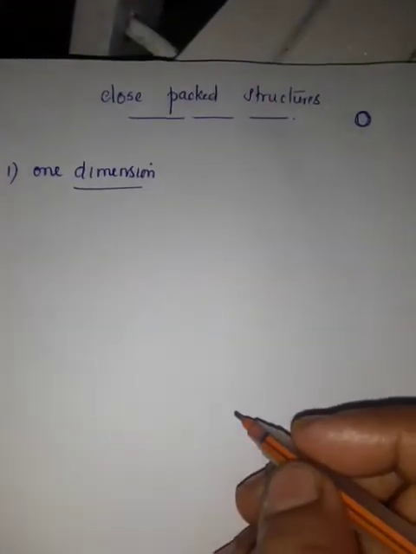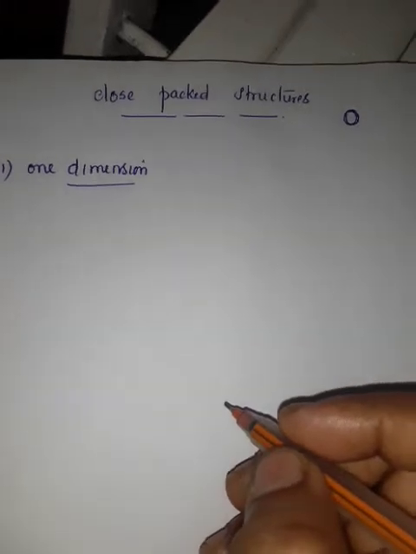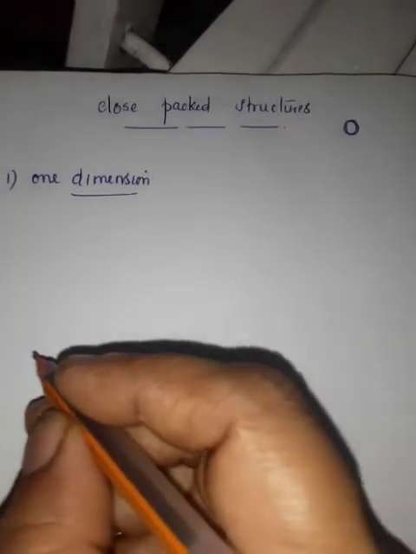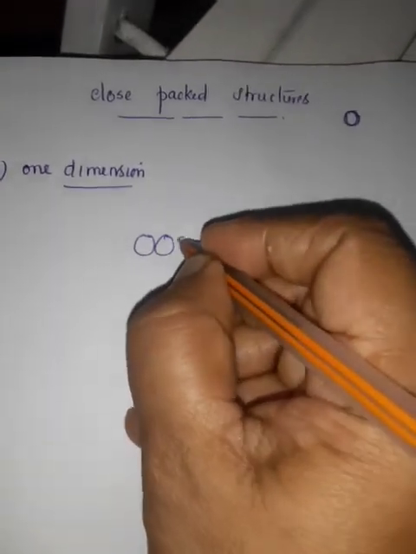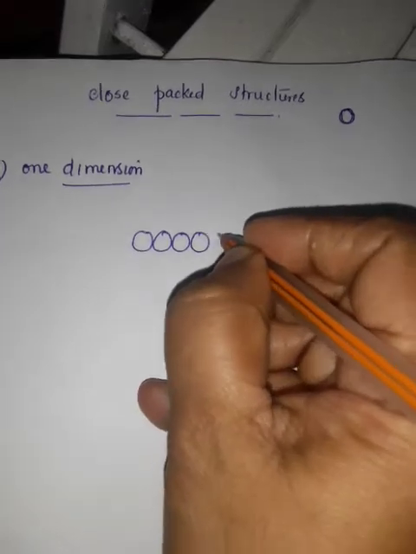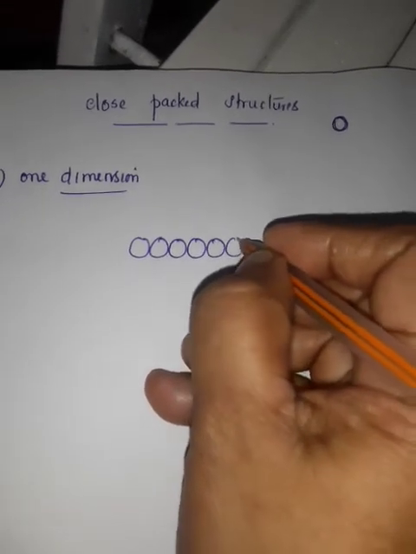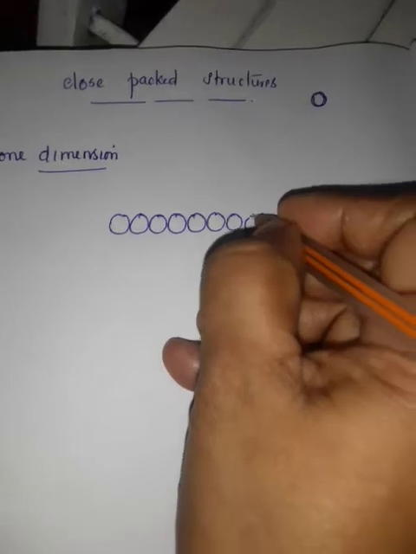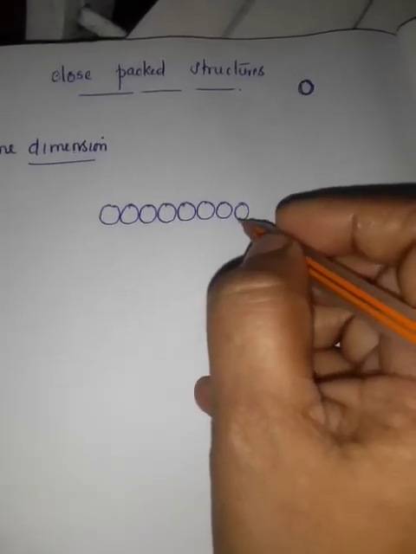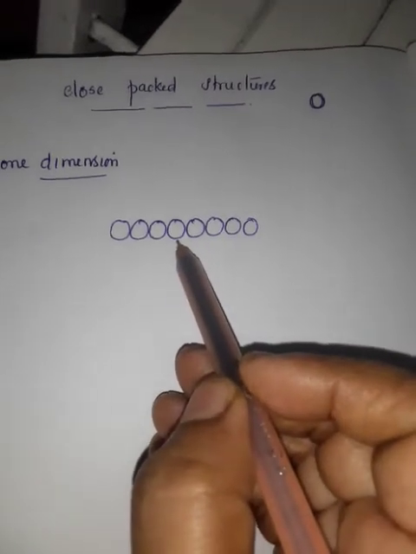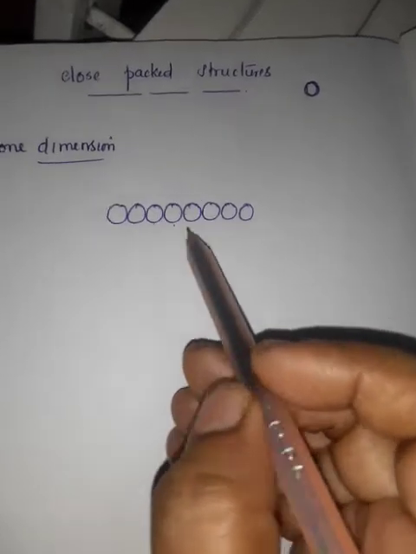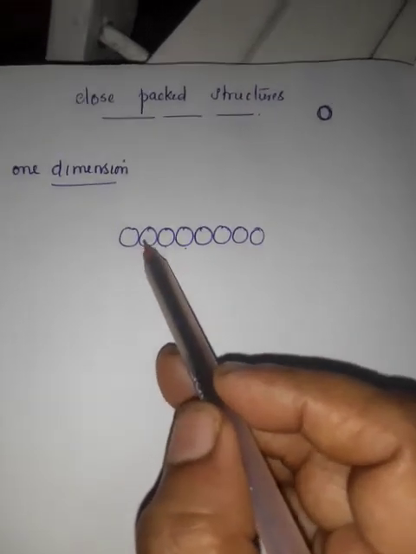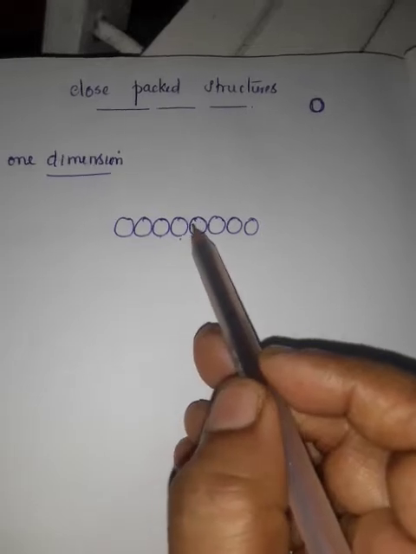In 1 dimension, there is only one possibility to arrange the spheres, in only one direction. See, the constituent particles are spheres. In this arrangement, each sphere is in contact with 2 neighboring spheres, one on either side.